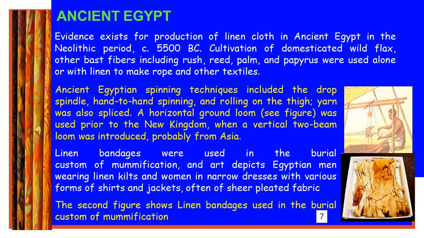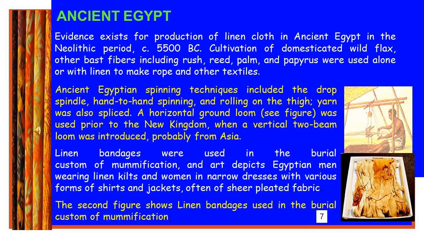Ancient Egyptians' spinning techniques included the drop spindle, hand-to-hand spinning, and rolling on the thigh. Yarn was also spliced. A horizontal ground loom was used prior to the New Kingdom, when a vertical two-beam loom was introduced, probably from Asia.